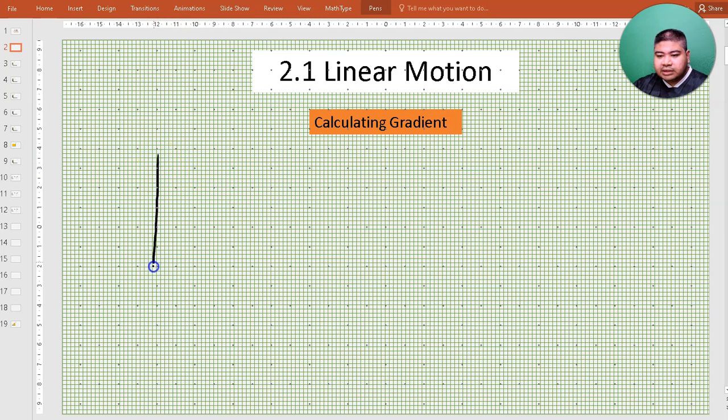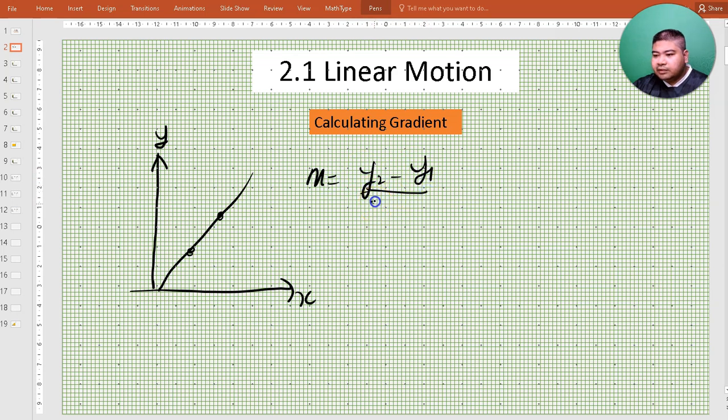If we have a graph of y against the x, and then we have a straight line here, the gradient of the graph can be calculated using the equation m equals to y2 minus y1 over x2 minus x1, or we can simply write it as the change in the y-axis over change in the x-axis.